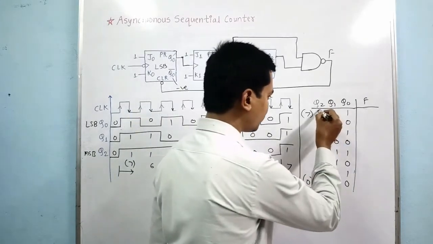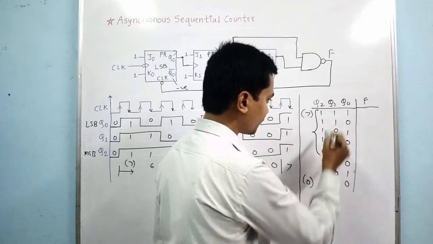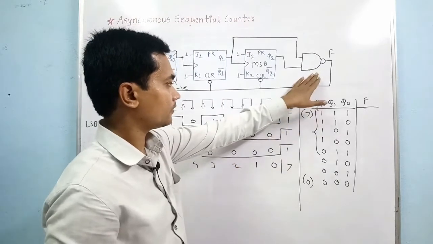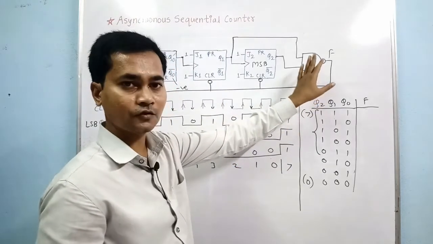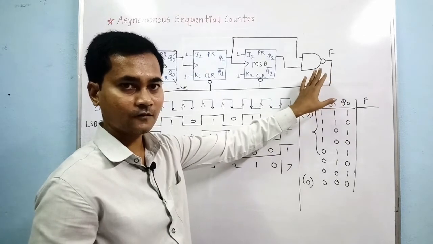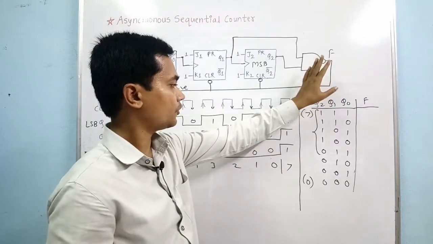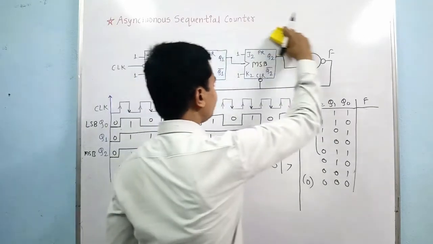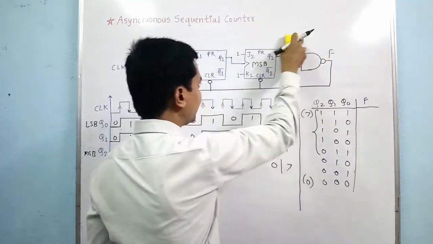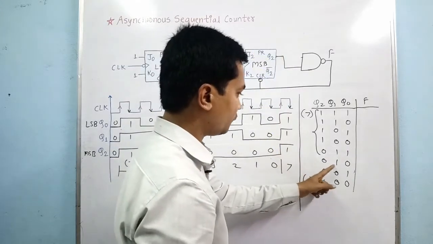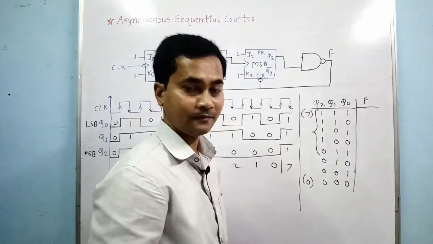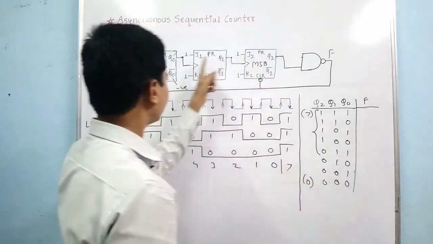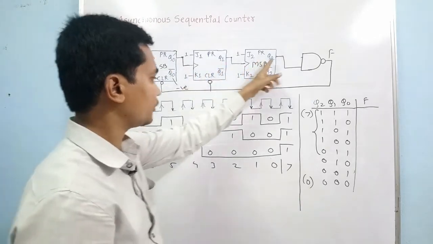So for these 5 combinations, the NAND gate output should not affect these flip-flops, but whenever the value 0 1 0 arrives, at that time the F output should preset or set Q0, Q1 and Q2.